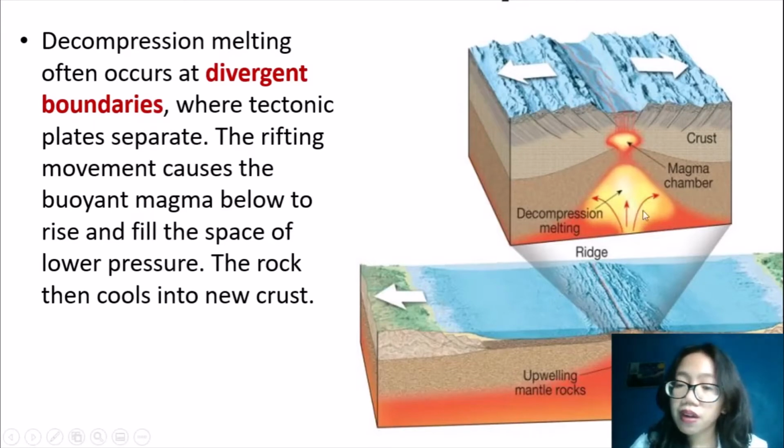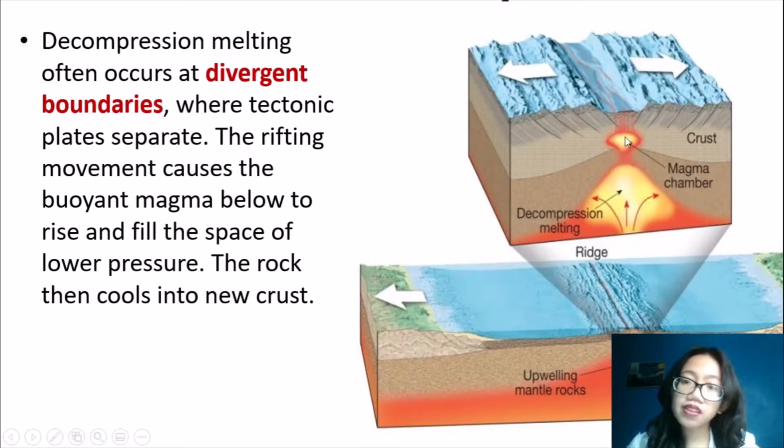From underneath the earth, you have magma or mantle rock being pushed upward, decompressing, and they break out to the surface of the crust. What happens is new plates are being formed.